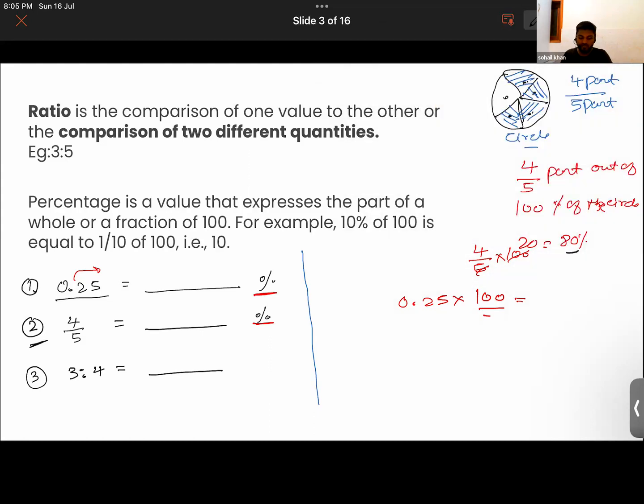Yeah, solve it right now. Okay, for the third one, can I give the answer for the first one in the chat box? Yes. 20. Okay, sir.